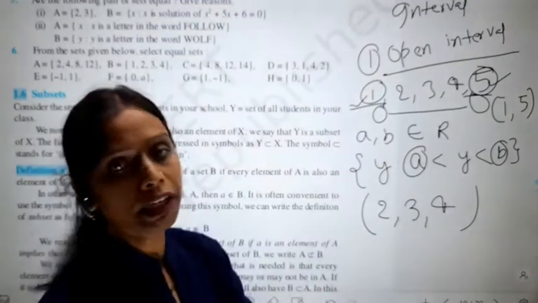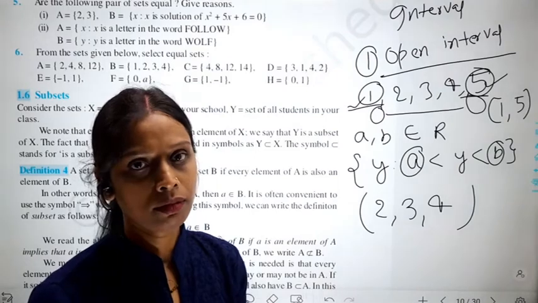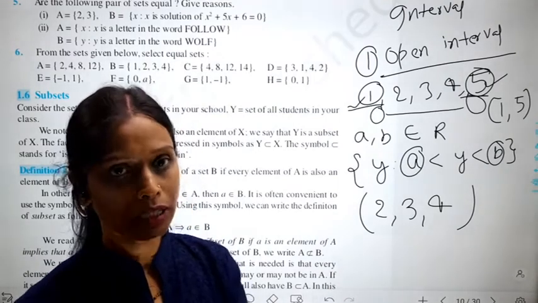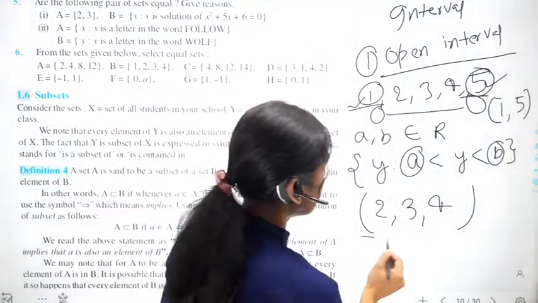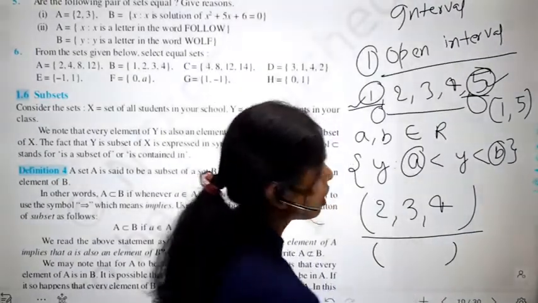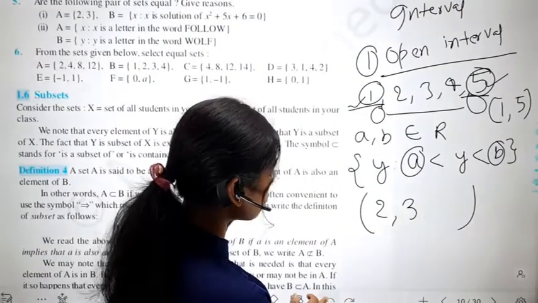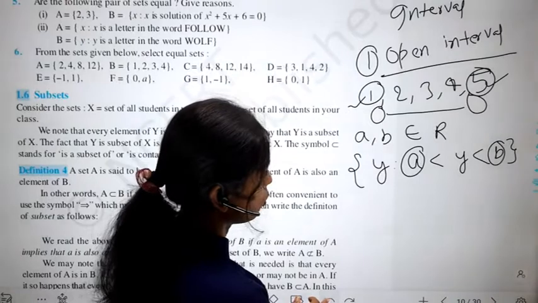Then this is your open interval. Open interval means excluding those elements. It is called an open interval, and we represent an open interval by a small bracket. Okay. Then this is the open interval.